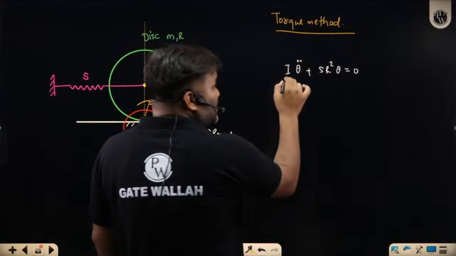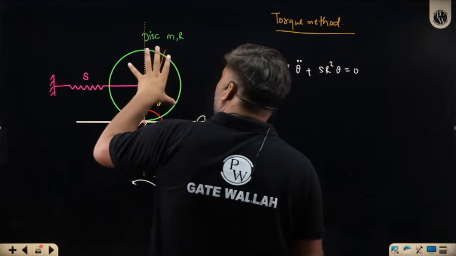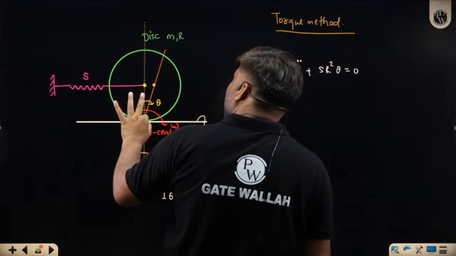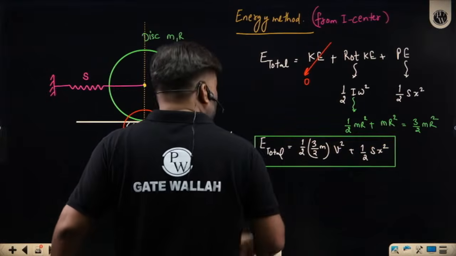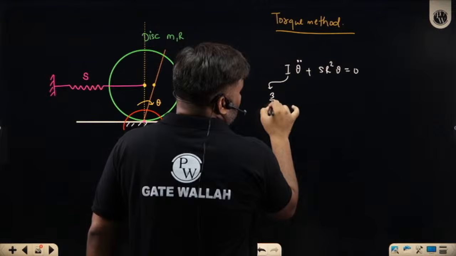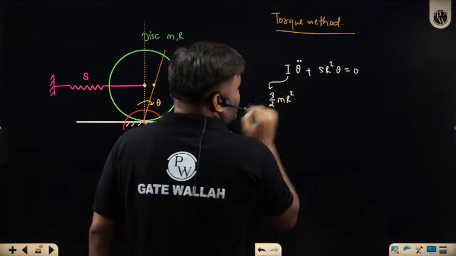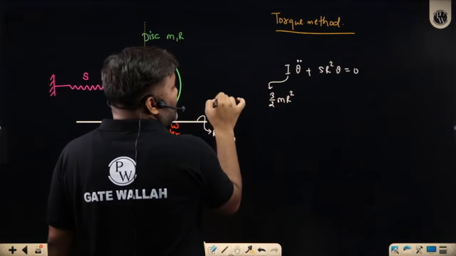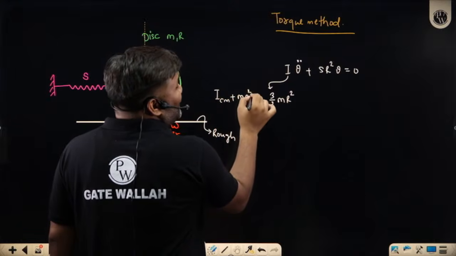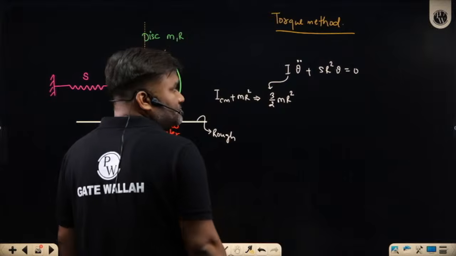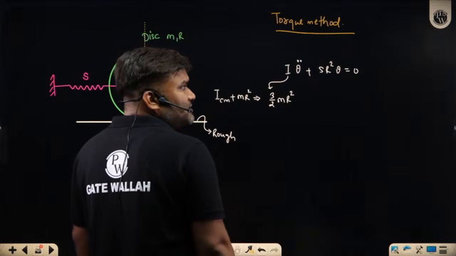What is the moment of inertia? Sir, the moment of inertia of this disc about this I center I have to write. It is 3 by 2 mR square. Put the value 3 by 2 mR square. How have I written it? About the center of mass plus m mass times R distance. Parallel axis theorem. That's it.